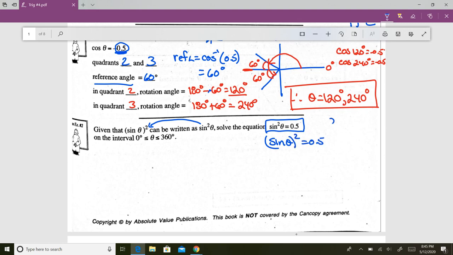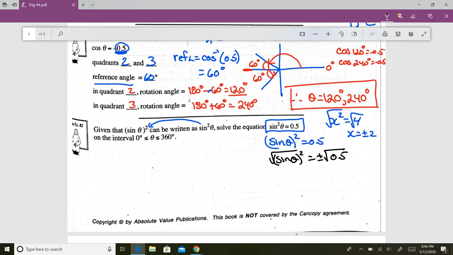Now, if I gave you that back in grade 11, say, x squared is equal to 4, you would tell me x is equal to plus minus 2 because you would square root each side. We did the same thing here. We're going to square root each side. And remember, when you square root something, it's plus or minus.